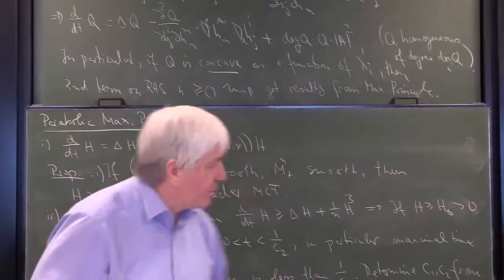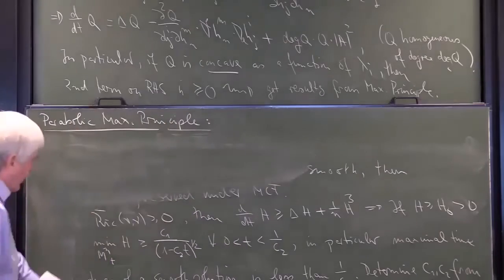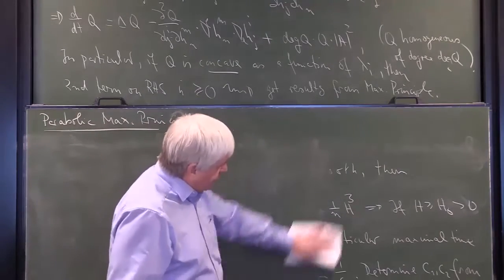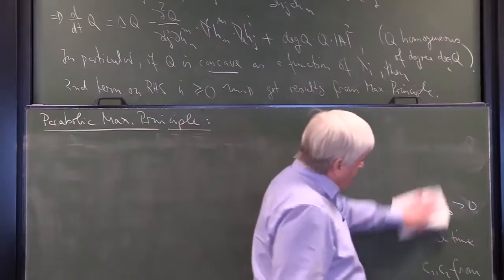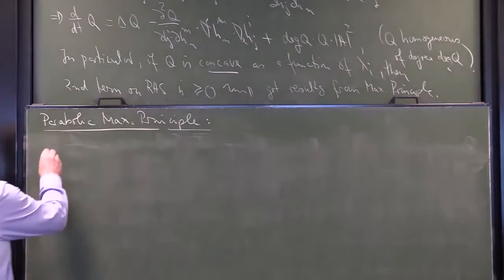Particularly useful quantities in this case would be, for example, quotients of elementary symmetric polynomials of the lambda_i. So, example.